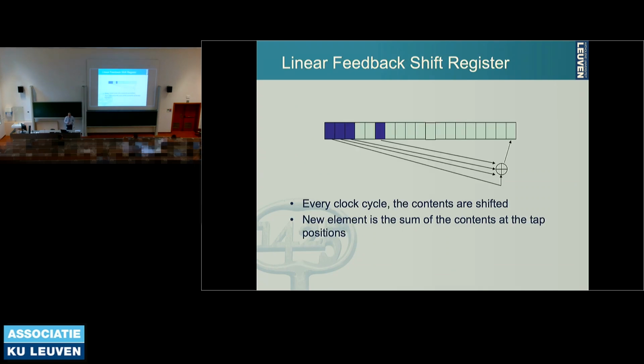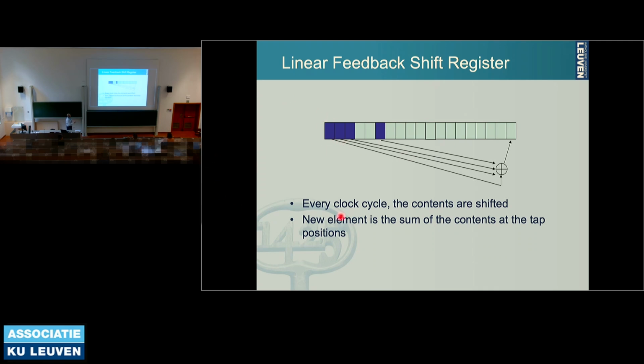So, one component that often occurs within a stream cipher is what we call a linear feedback shift register. This here is a register where every cell is a bit or a byte or a word, depending on the design. And in every clock cycle, we shift the contents from every cell one step to the left. What's here at the left drops out.